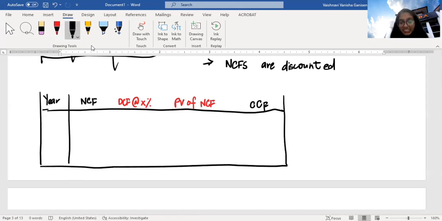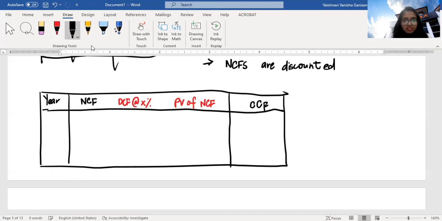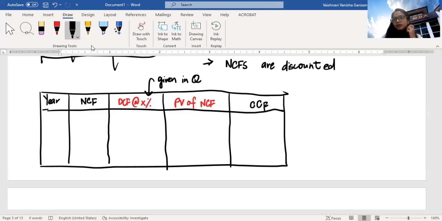Now, you can see here that there are two additional columns, which actually is not much different. The only difference is that you need to use the discounting approach. So normally the discount factor will be given in the question. The examiner will tell you what discount factor he wants you to use.